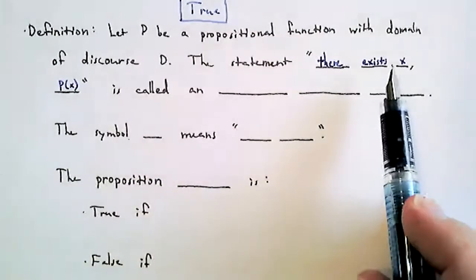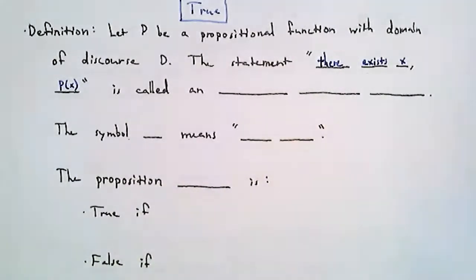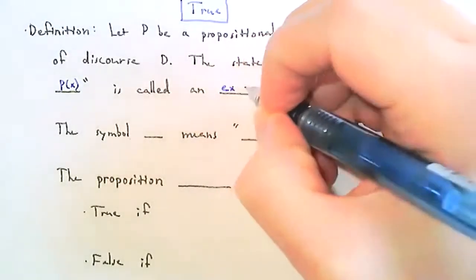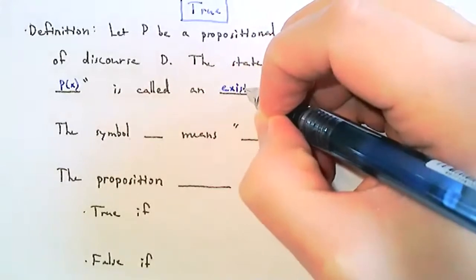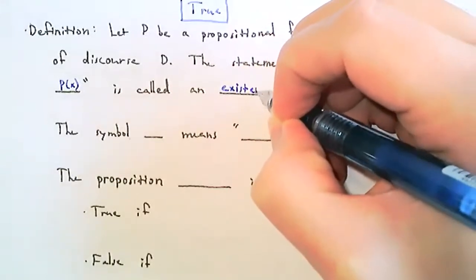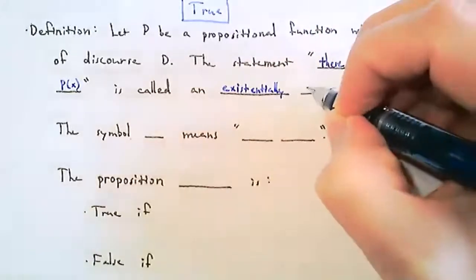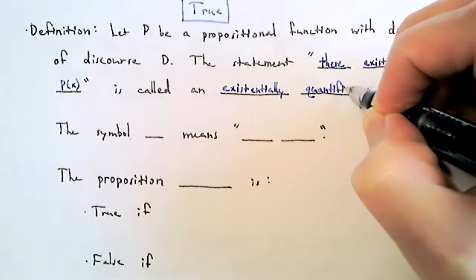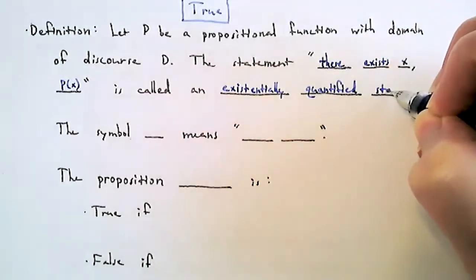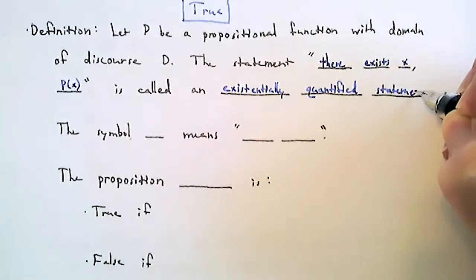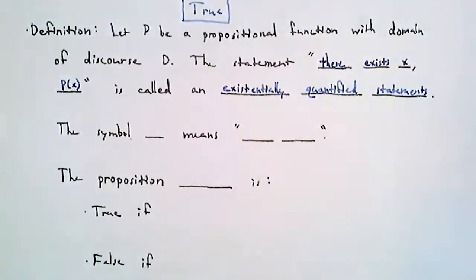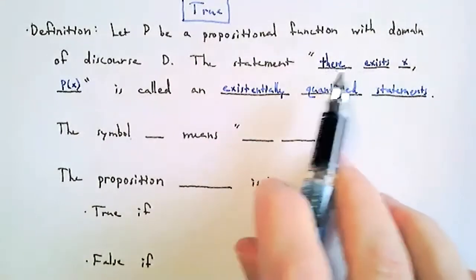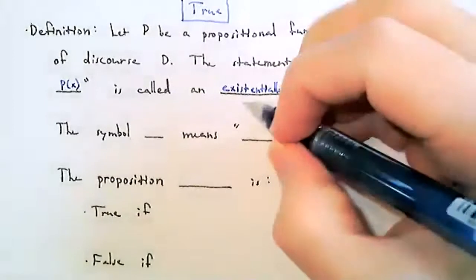And the name of this one has to do with the exists part. These are called existential or existentially quantified statements. So these simply assert that there is something, something exists.